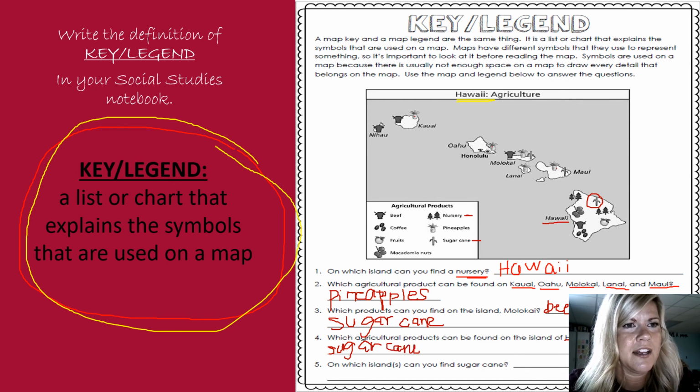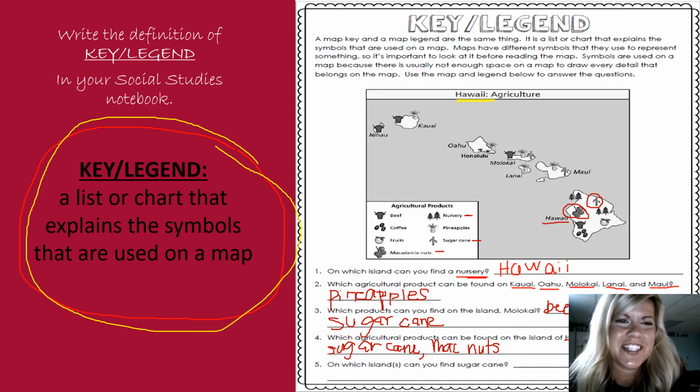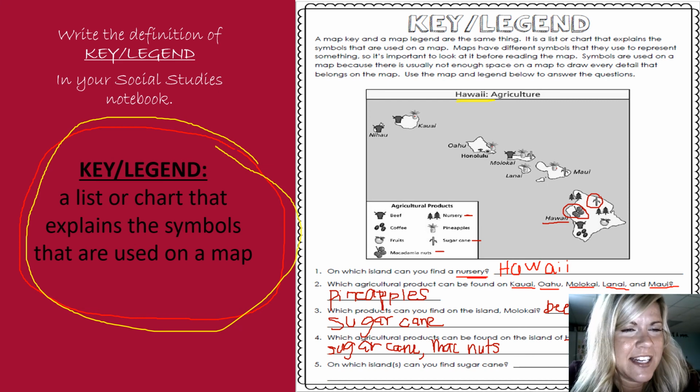Okay, and now we have this symbol, which stands for macadamia nuts. I'm just going to put mac nuts, just for the sake of this video being cut shorter, and the writing with the mouse, as you can see, is not so neat. So I'm just going to abbreviate for now. The next one, I see this bullhead again, so we look over just to double check, and it is beef.